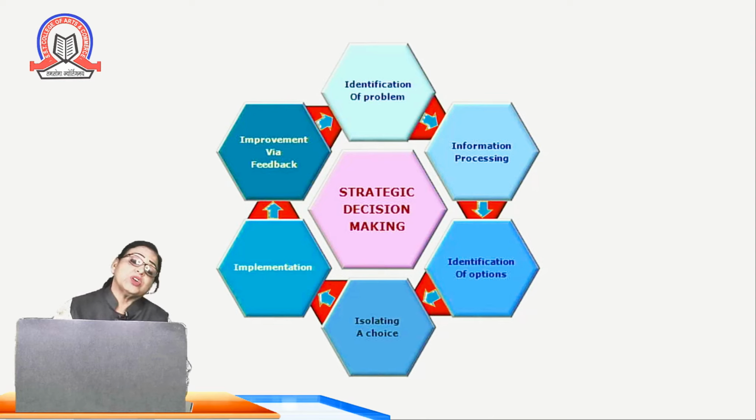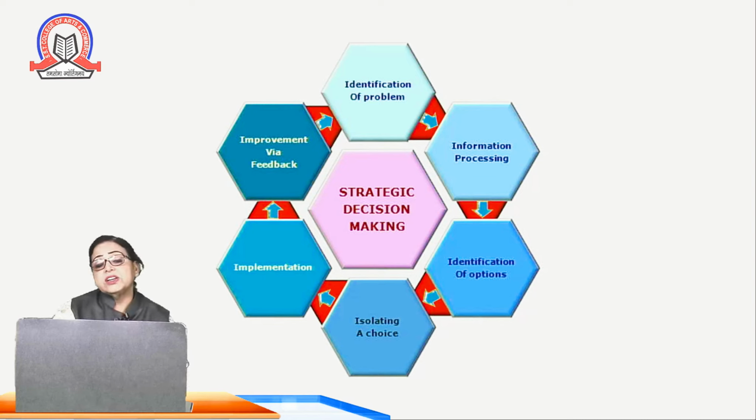We are supposed to identify the options available with us so that we can choose the best option for solving the problem. Then isolating a choice. We may have a number of alternatives or choices, and we are supposed to pick the one which is best and practically possible at that moment. That is called selection of a particular choice or alternative.